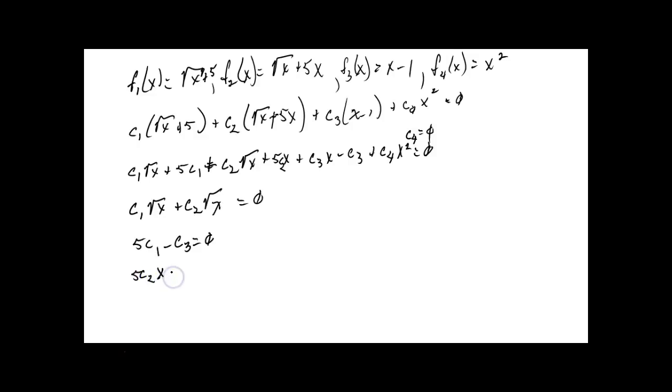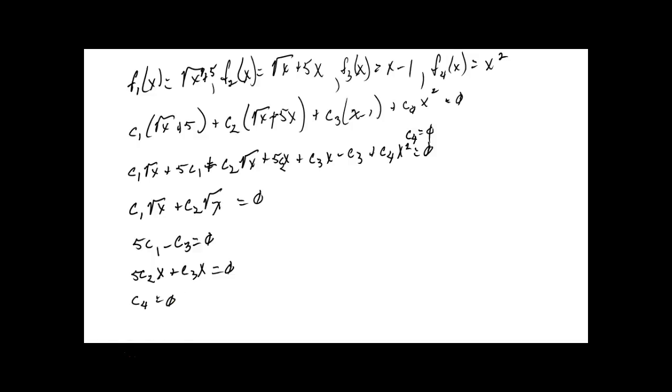C2x plus C3x has got to equal 0. And the C4 has got to equal 0. So that's where C4 has to equal 0, right?